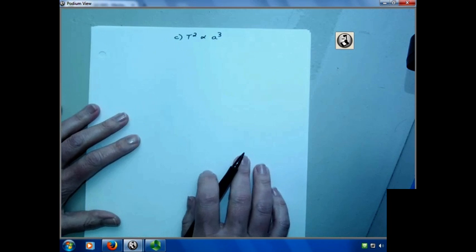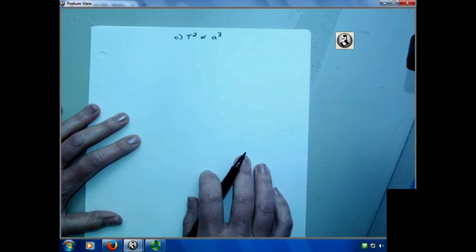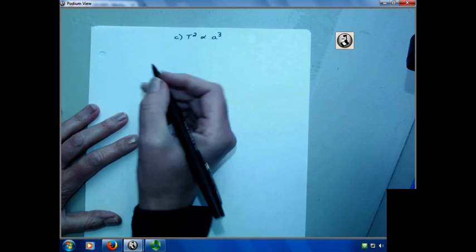So Kepler's second law. As each planet moves around the sun, a line drawn from the planet to the sun sweeps out equal areas in equal times.